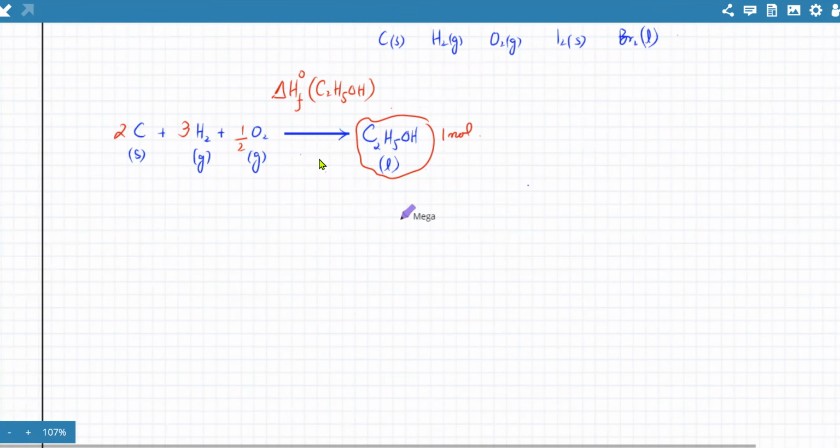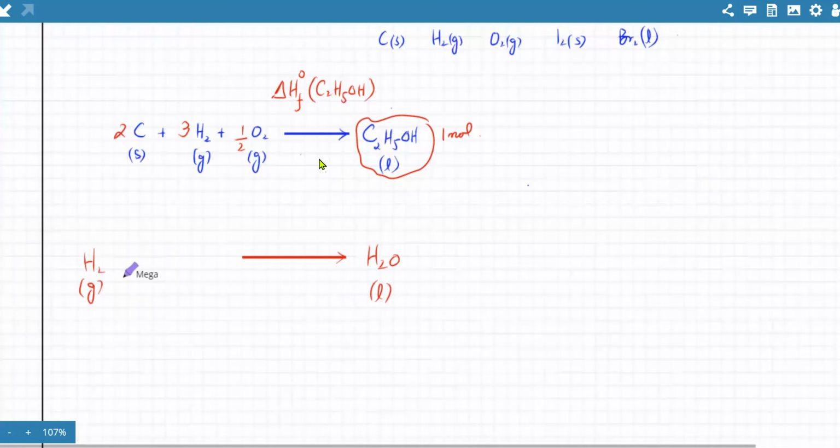Let's do another one. Let's do another 1 mole of a substance formed from its constituent elements. So let's say 1 mole of water is formed, which is liquid at room temperature, from its constituent elements. So the elements are H2, which is a diatomic gas, and the other element is oxygen, which is also a diatomic gas.